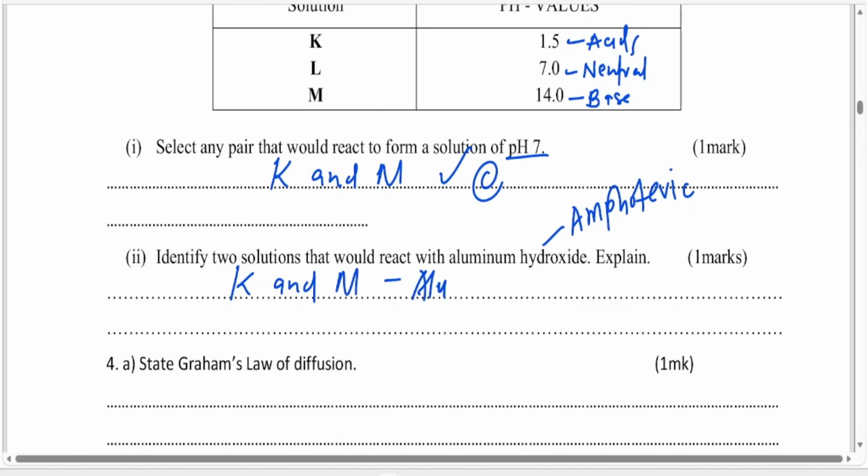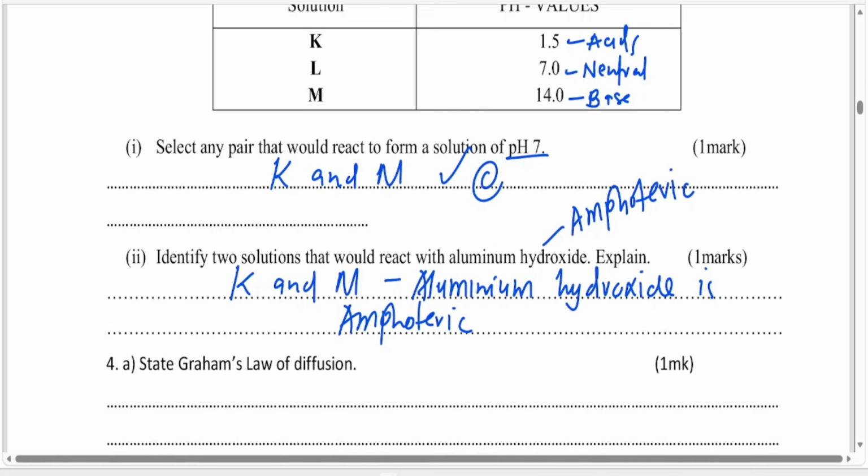Aluminium hydroxide is amphoteric. This means that it can react with both acids and bases.